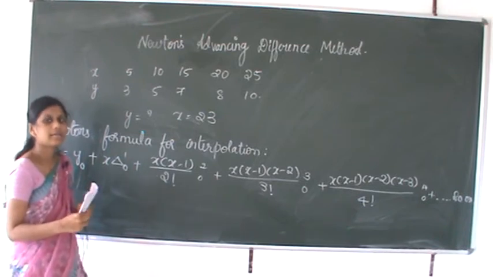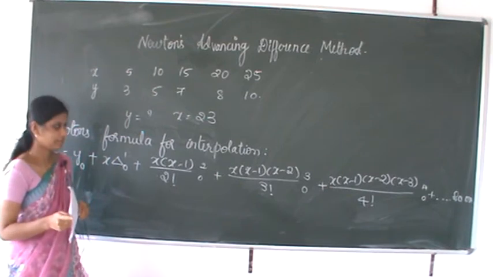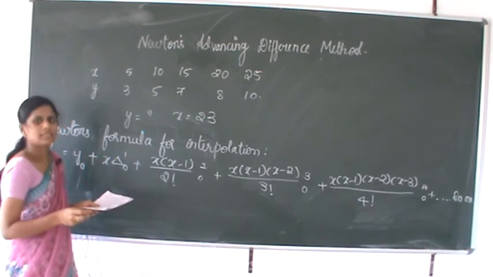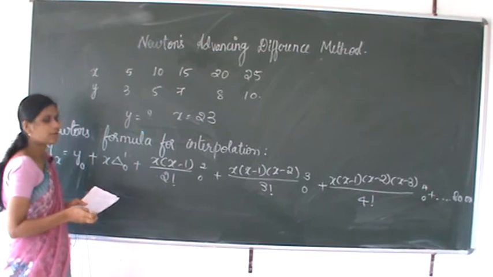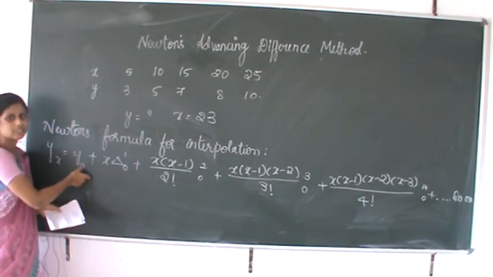It goes on continuing up to the n known values of y. So this is Newton's formula for interpolation. Here y naught is the initial value.